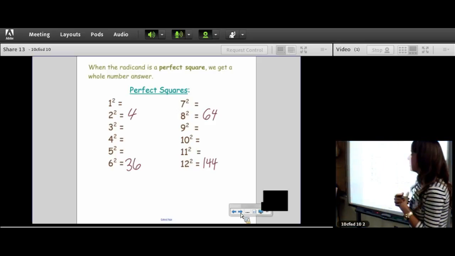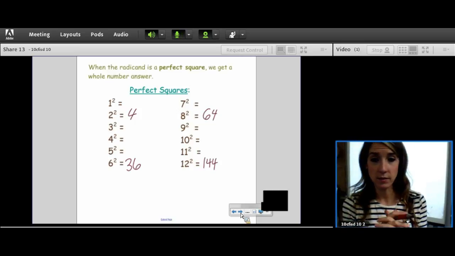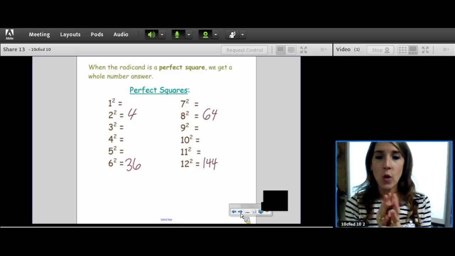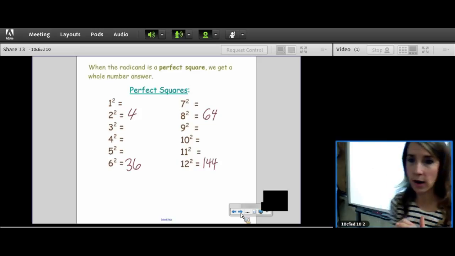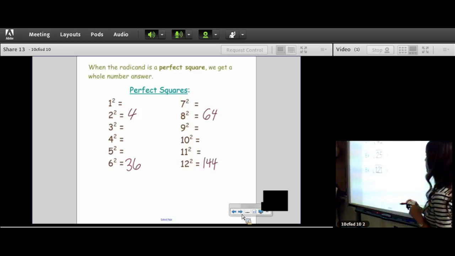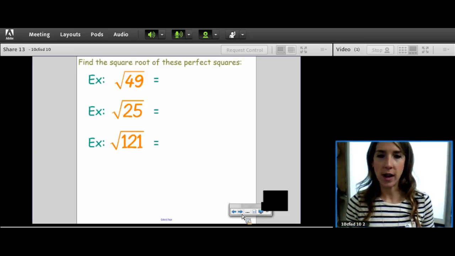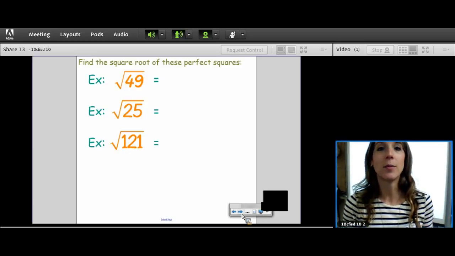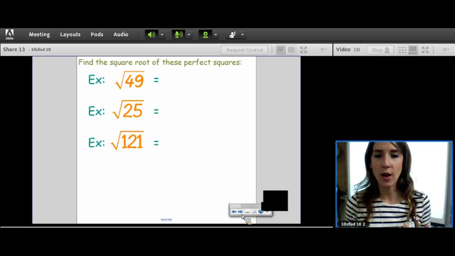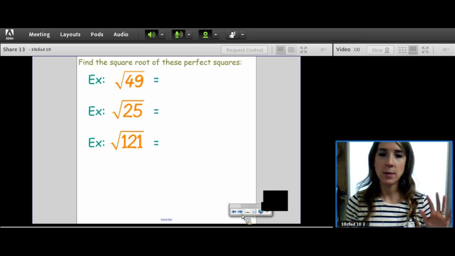Okay, so these are called perfect squares because when we do the opposite of squaring to them, we get a whole number. So a perfect square is a number that when you square root it, you get an integer, a whole number answer. So you need to be able to go back and forth.